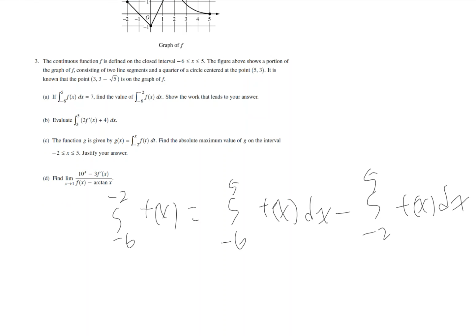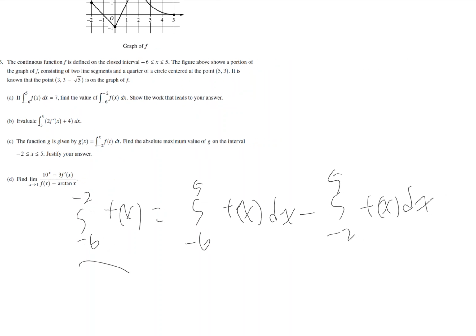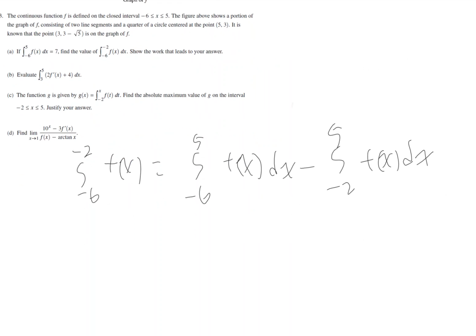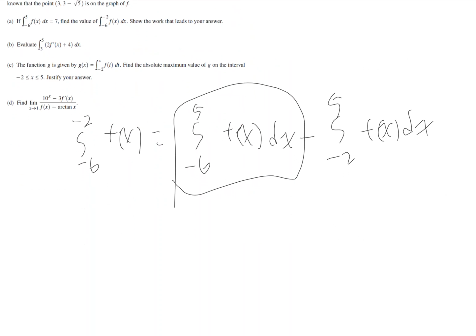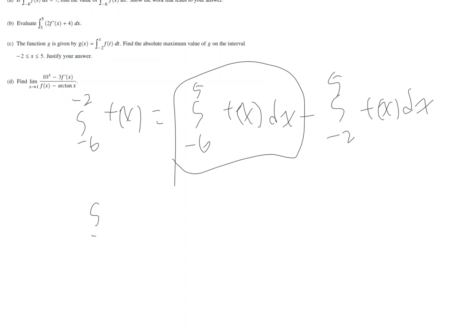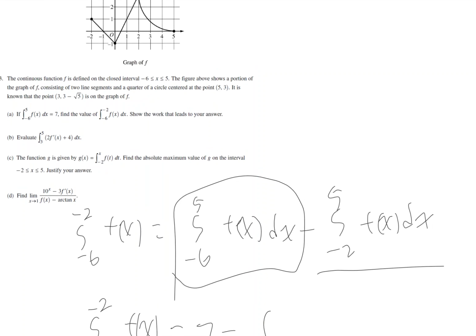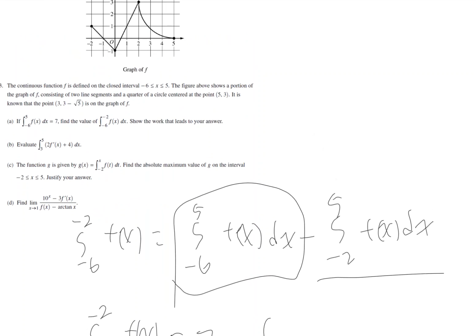Since we don't need everything from -2 to 5 in here, all we've got to do is subtract it from this. And by the way, this is given, it's equal to 7. So the integral from -6 to -2 of f of x equals 7 minus, and for this, all we have to do is find the area here.